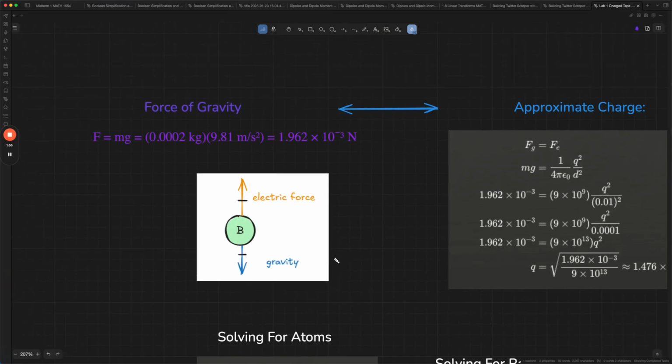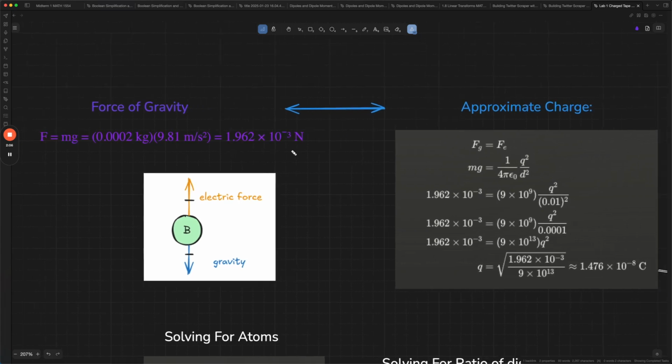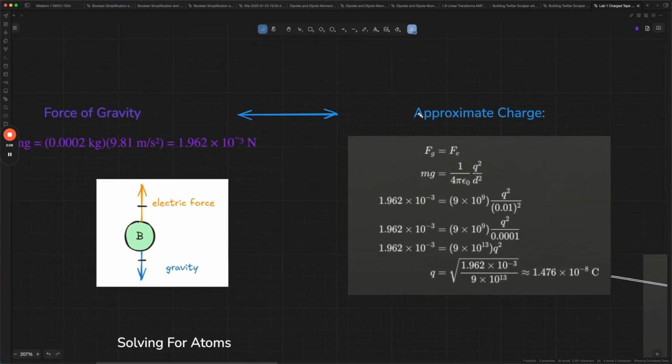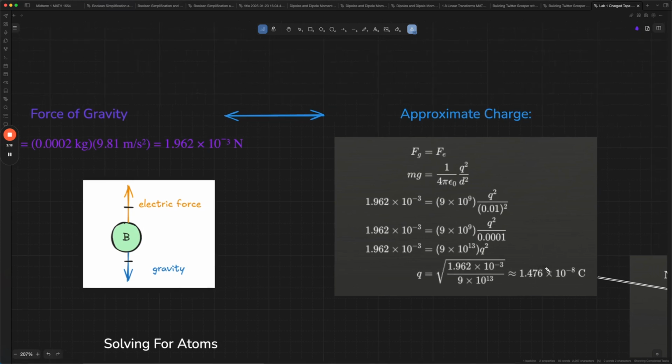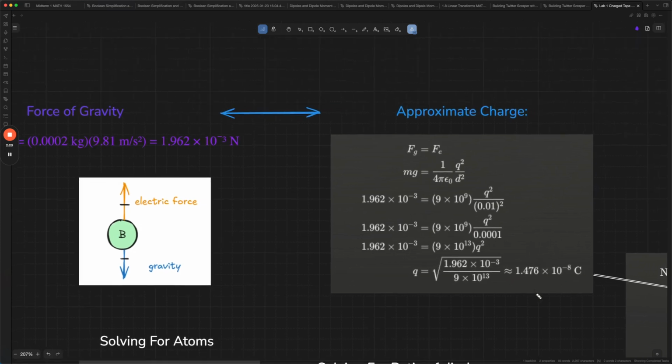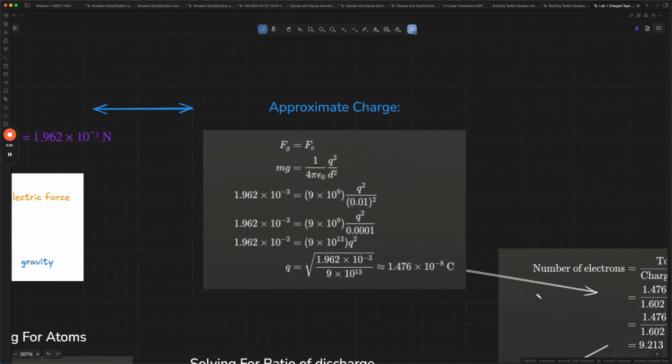And so going into our physics calculations for the real world model, we can plug into mg our mass for each U tape and solve for the applied force of gravity at any time. And then we can equate that with our formula for electric force, and we can rearrange our Coulomb's equation and gravity equation to solve for the relative charge for each U tape.